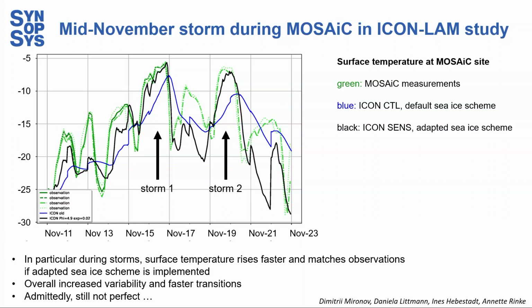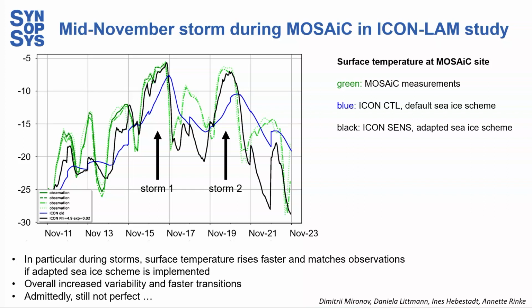In a first study with ICON-LAM, so with a limited area model with very fixed boundary conditions, we looked into the November time where we had 2 storms, and here we see in green the MOSAiC measurements again. In blue is the original ICON configuration, and in black is the sensitivity run with the adapted sea ice model.